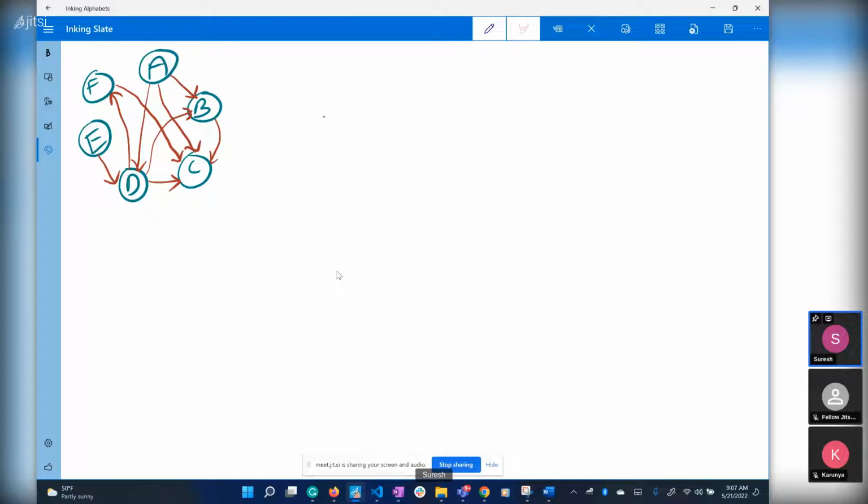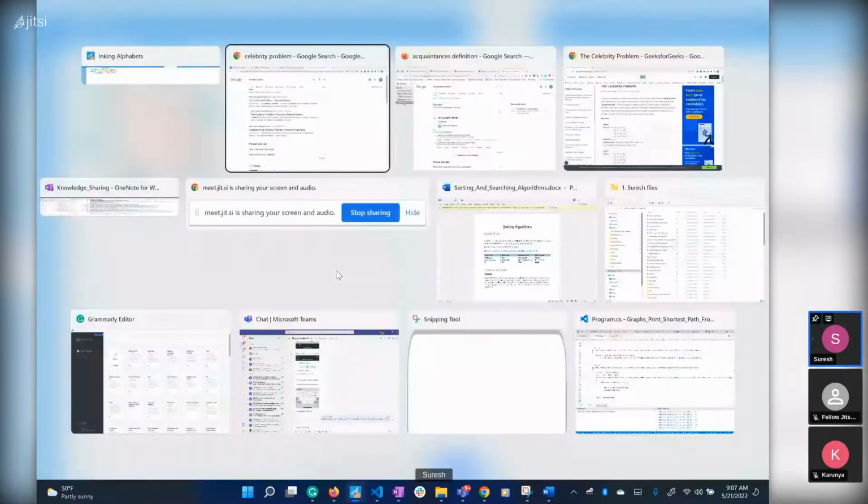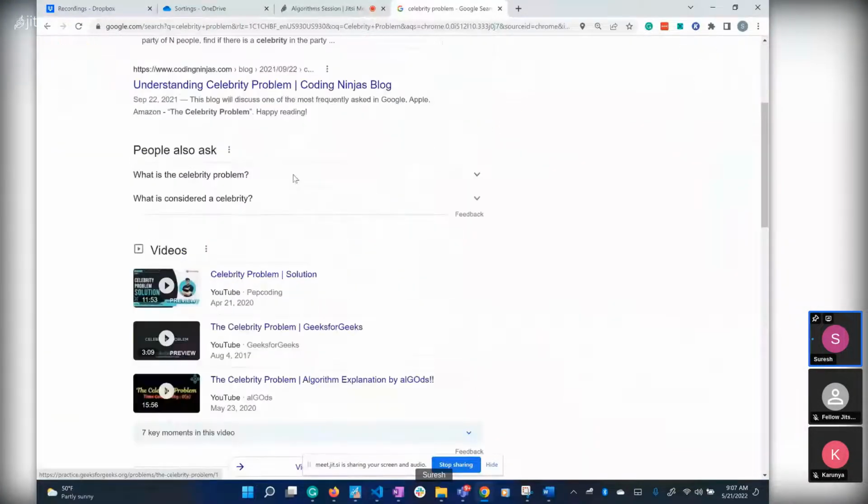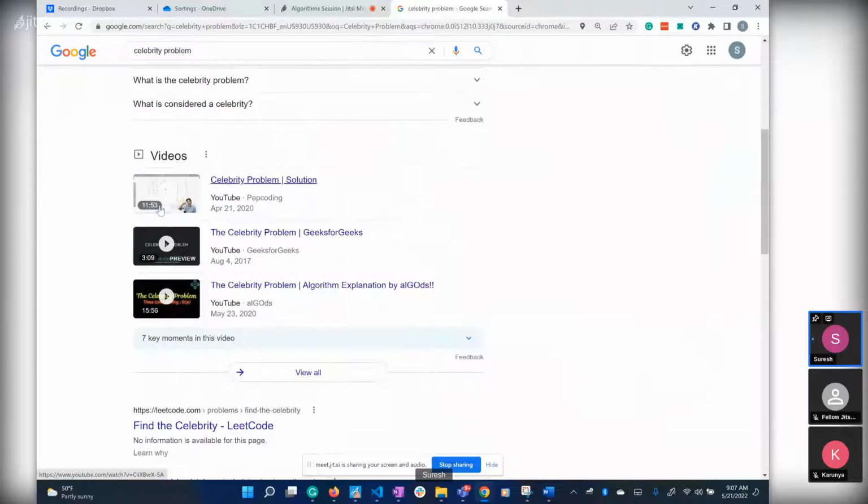Yeah. So here is a lot of input, and here is an 11 minute video, but most of the videos use a matrix. That is the problem I found. I don't want to go with the graph problem with a matrix, because that will complicate things, in my opinion.